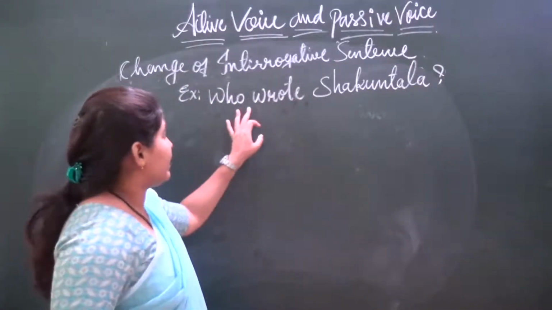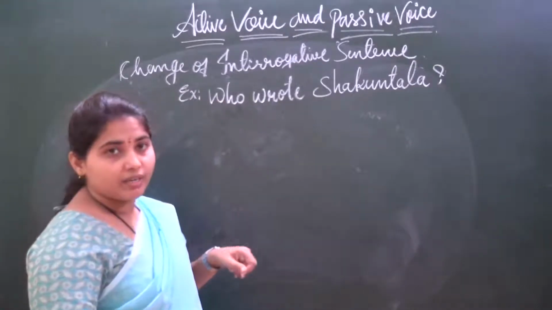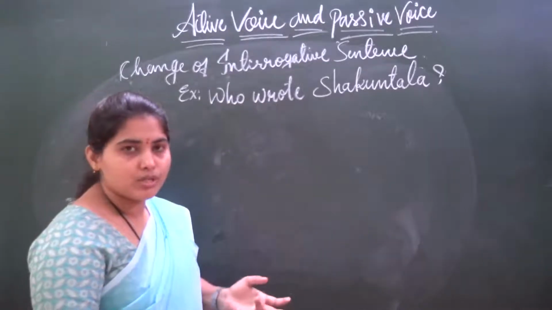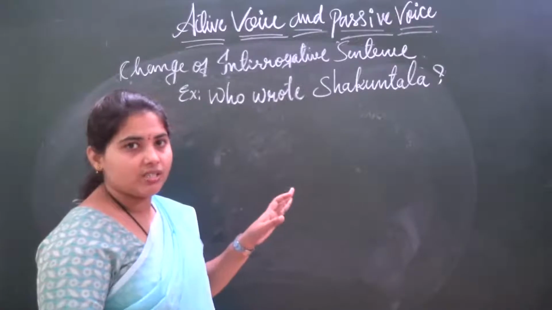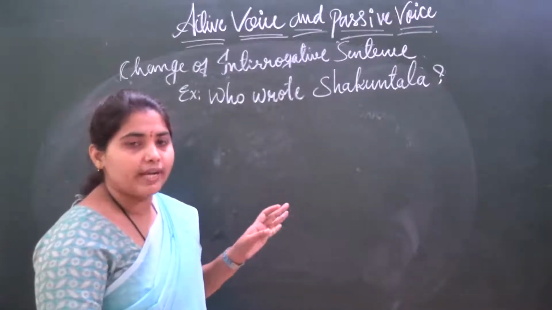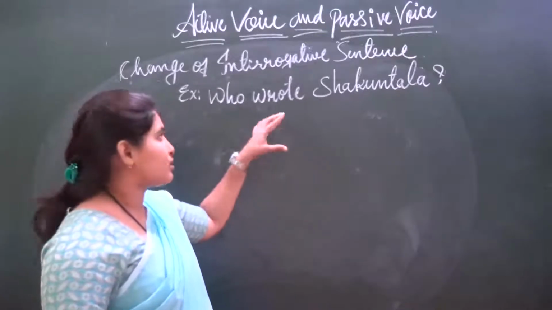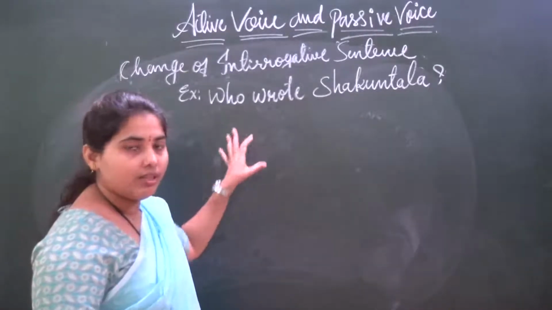So what will be the active voice, passive voice of this sentence? Are you right? Shakuntala is written by so and so? No. The meaning of the sentence should not change. After transforming into the active voice, the question remains in the question form only. So now, just convert it into the active voice, in the assertive sentence.